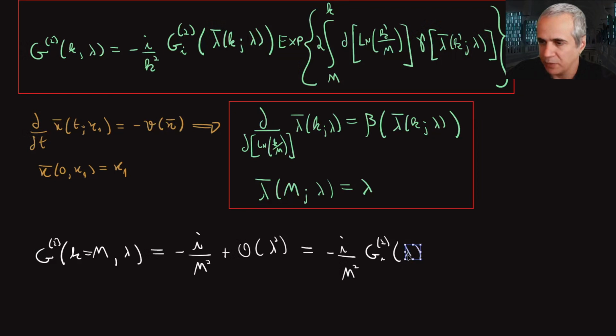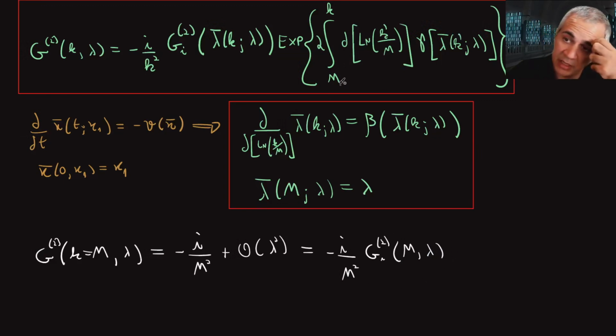Let me write it like that, m, lambda. And this exponential, I'll just take k equal to m, so the integral is over a zero length, and this just gives me 1. It's the exponential of 0. So that's just it.